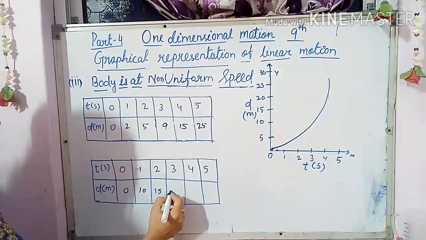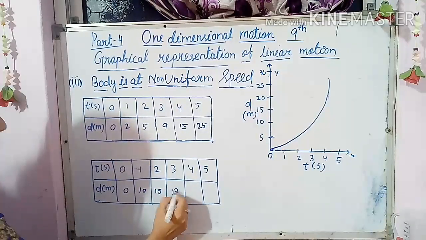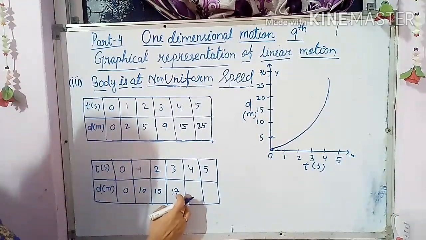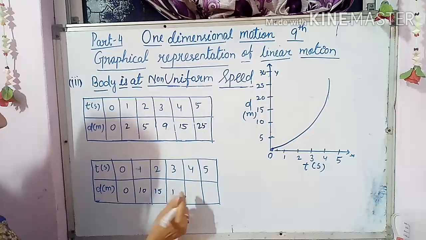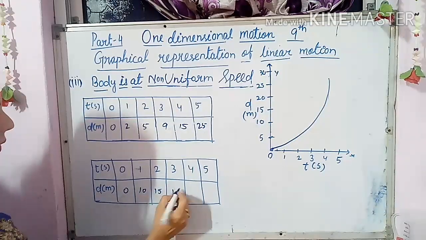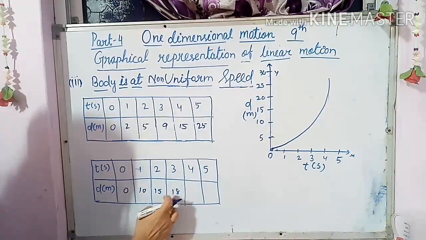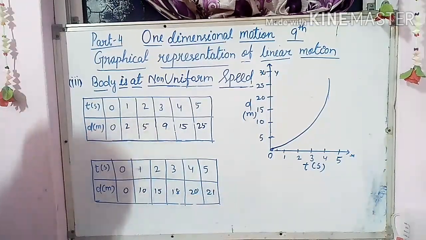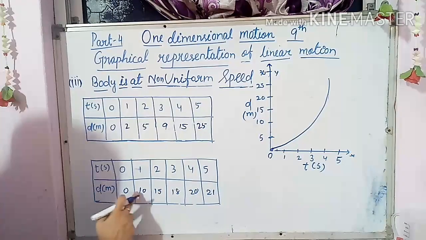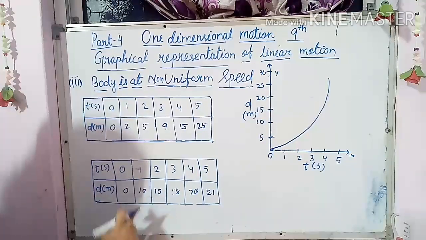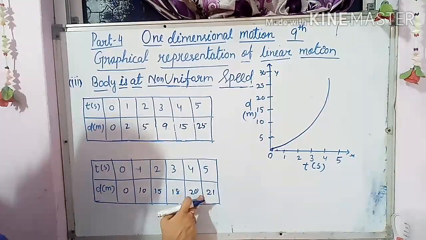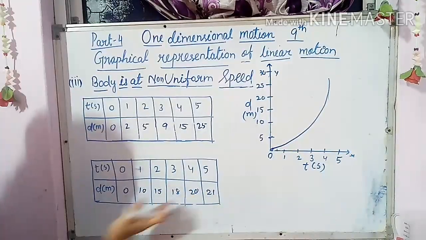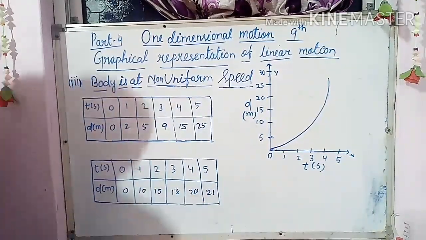Then it goes to 17, here it is 2. Then 18, then 20, then suppose 21. Like this it will come. You see the differences are 10, 5, 3, 2, then 1. If it is going in that manner, now draw the graph, what will come.